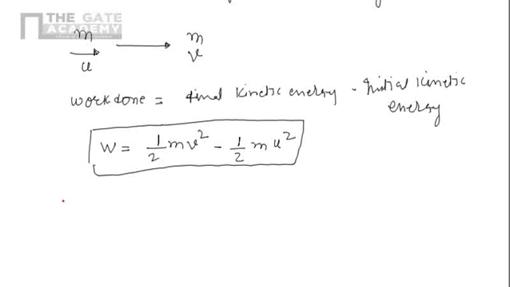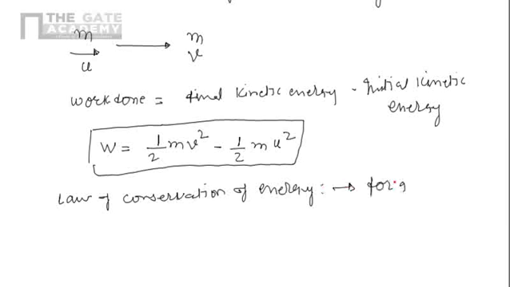Now take the law of conservation of energy. According to the law of conservation of energy, for a conservative system, energy will remain conserved. A conservative system means there will be no losses of energy.